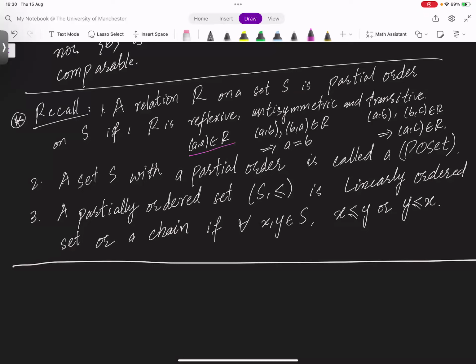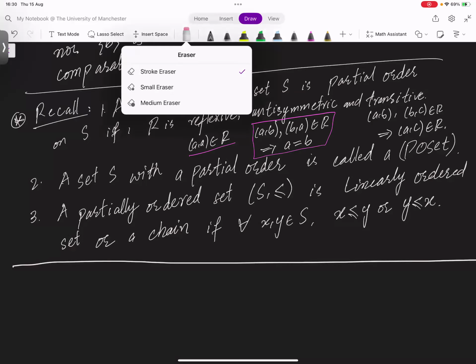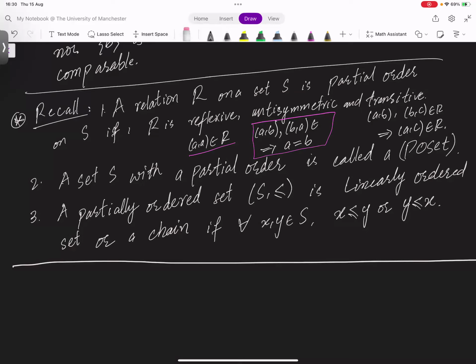This is how we show the reflexivity, that A is R related to A, and this is how we show antisymmetry, that if (A, B) and (B, A) are in R, then simply A is equal to B, and then we show the transitivity like this.